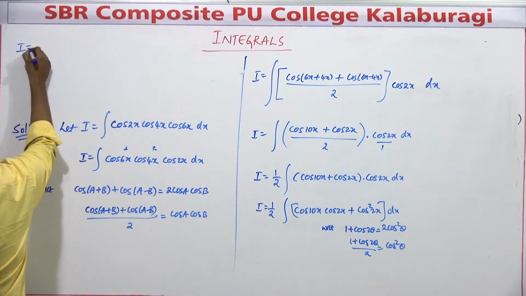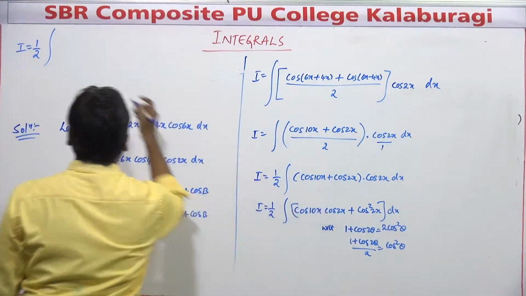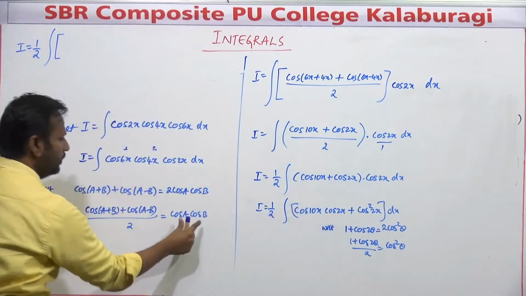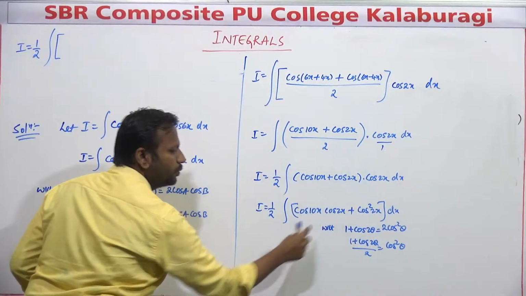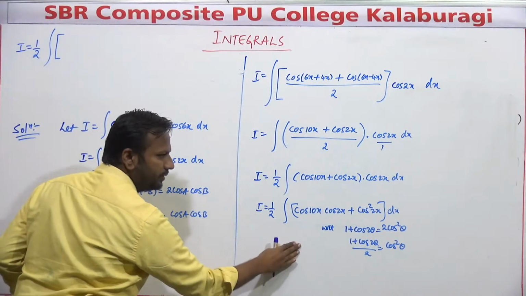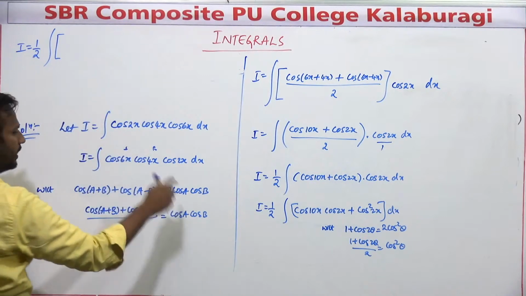So I equal to 1 by 2 integral of. For the first term in the bracket, what is cos A cos B? Cos A cos B is in this format. Here A is 10x, B is 2x. Apply the cos A cos B formula. I have already written it once here, so just apply it. What happens now?